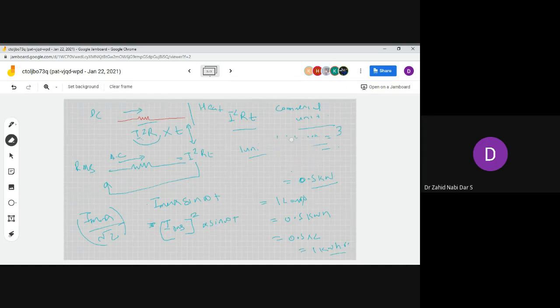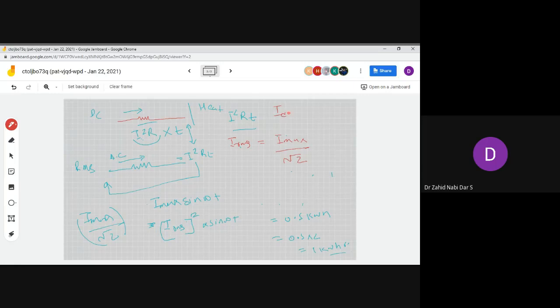Pay attention to this, so that all your doubts will get cleared. Now, how do I write IRMS? I max by root 2. So my IRMS is I max by root 2.